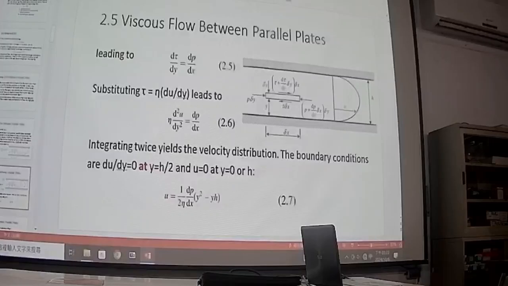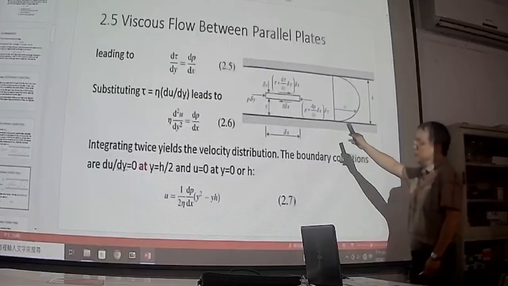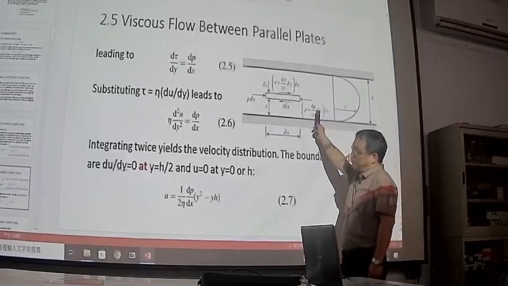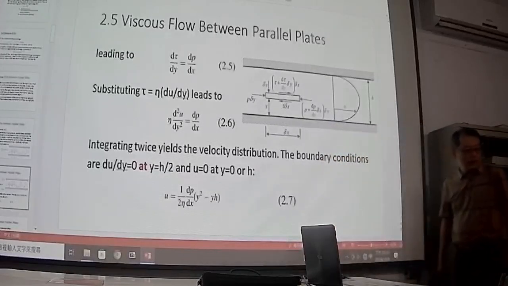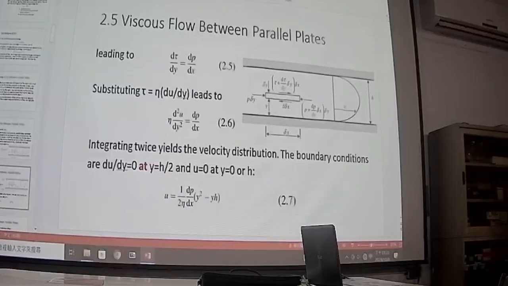So we can have this. This is the velocity equation for this significant hydrostatic flow between these parallel planes. Get this one. This exactly is the pressure distribution.